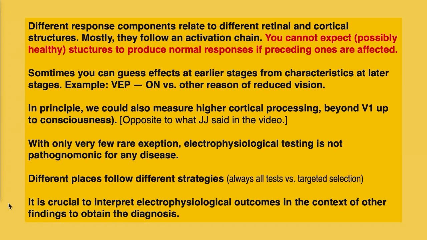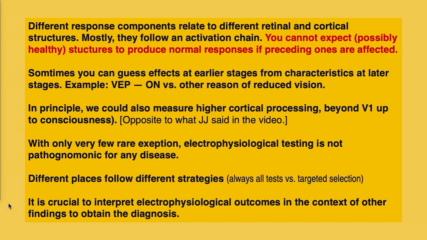For example, if you look at the VEP, it could show a delay in peak time. And normally the rule is a delay in peak time might mean that there's optic neuritis due to demyelination of the optic nerve.